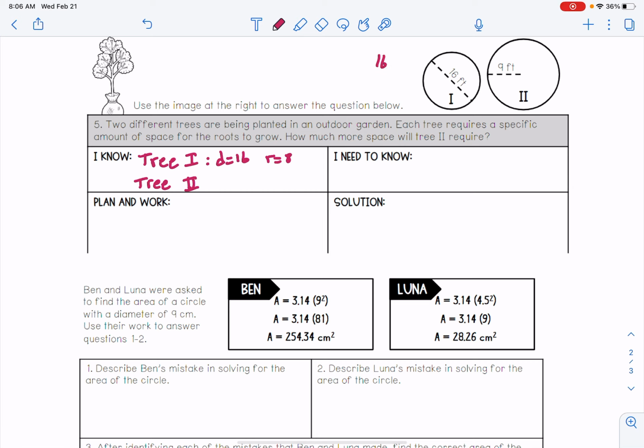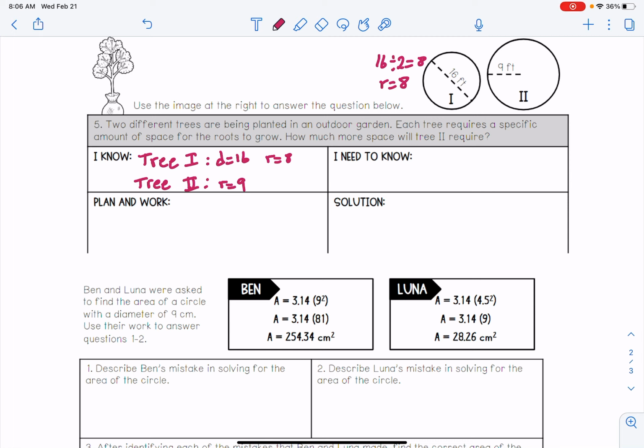I'm going to write 16 divided by 2, so we remember that's what we did to get our radius. Now tree 2, they already gave us the radius, halfway across the circle, and we know it is 9. So this is what we know about the situation. So what do we need to know?